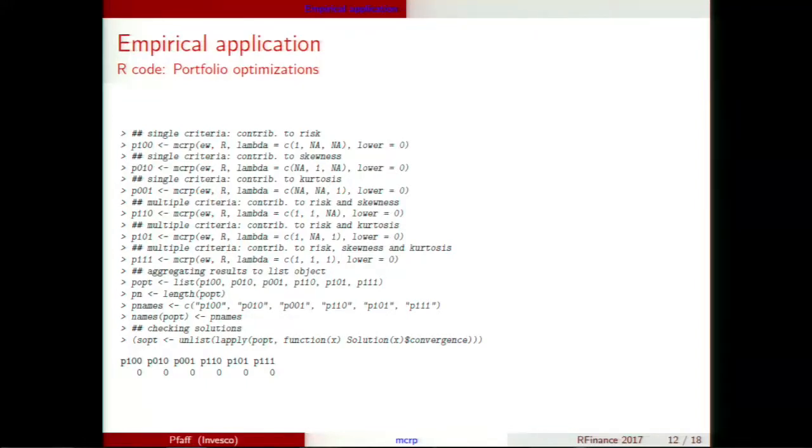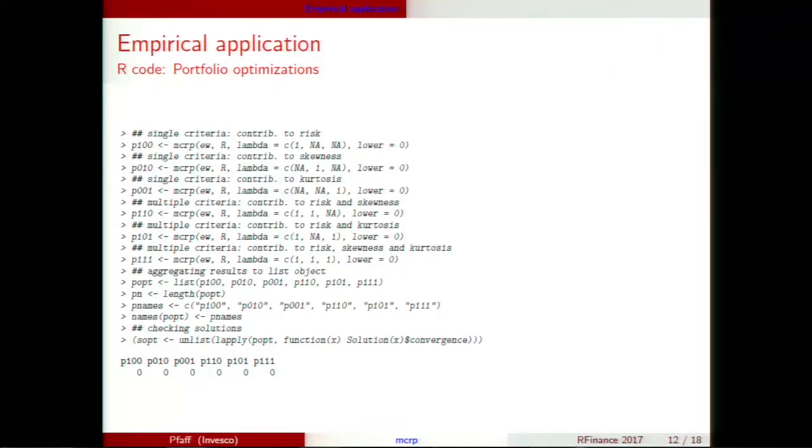Finally, to save a little bit of space, we are just putting everything into a list of those portfolio solution objects, and we could then easily check the solutions by just drawing the solution from the opt slot and letting the convergence statistics print out.